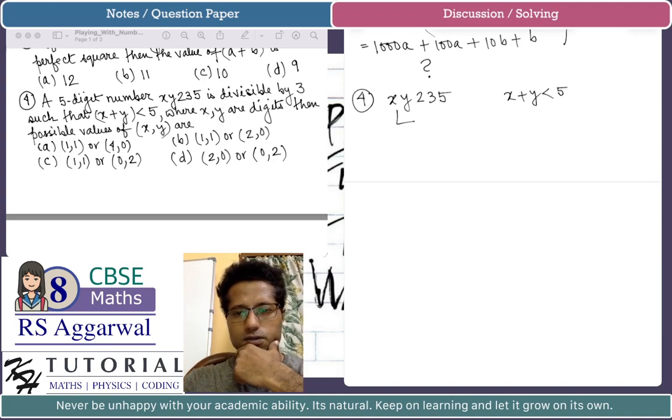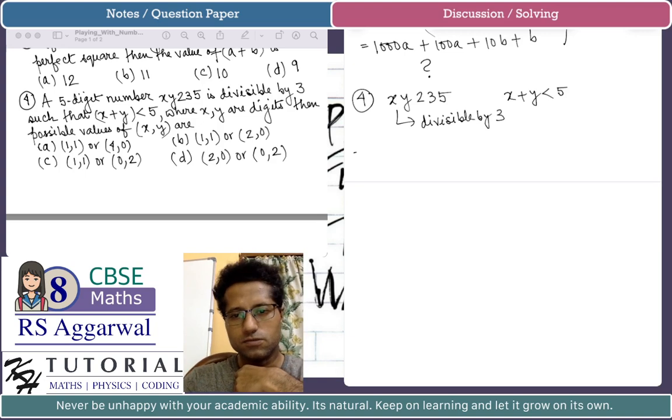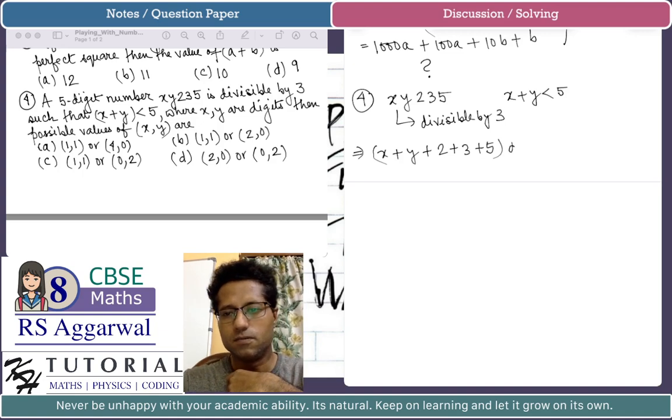Now, it is given that this number is divisible by 3. So this implies that the sum of the digits must be divisible by 3.